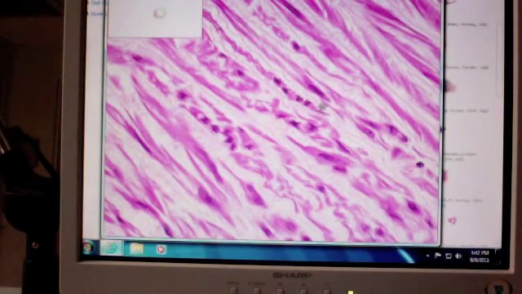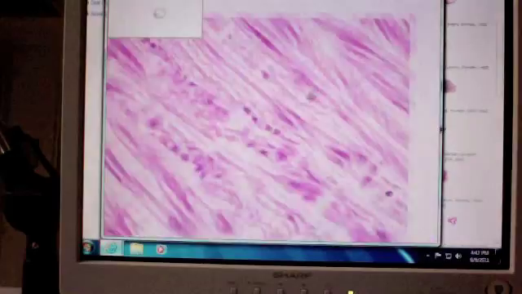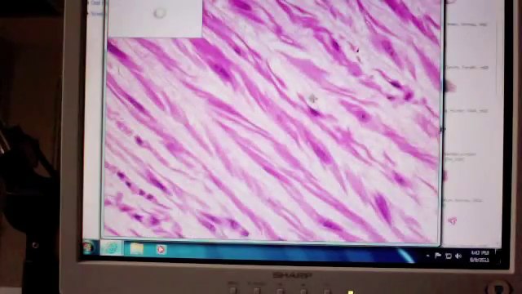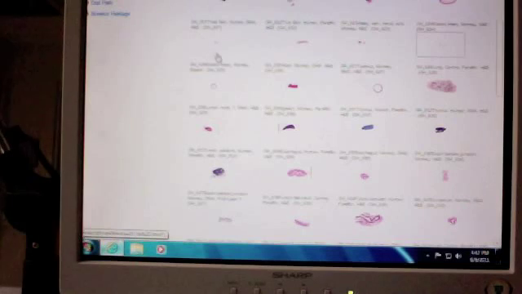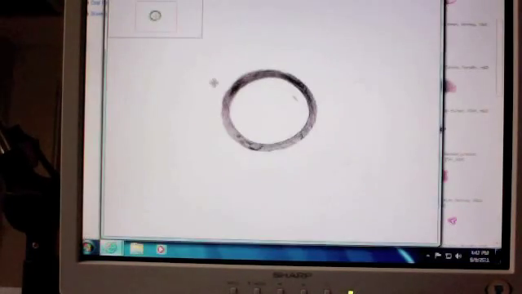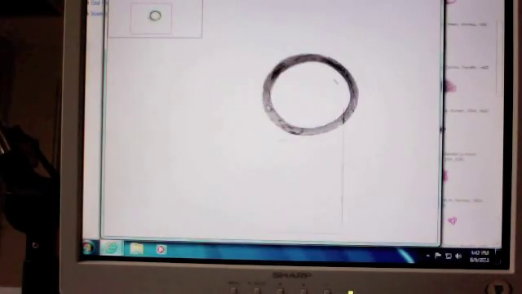So for you to know that it's a smooth muscle cell secreting elastic fibers in a blood vessel of sorts, I don't expect you to know that at this stage. Now, that was about as tough as it could get because this is more likely what you would see in an exam.